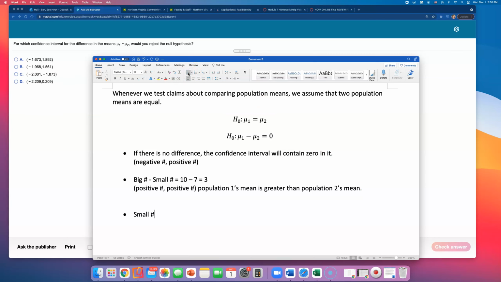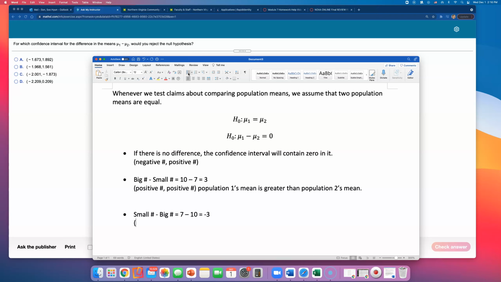Now, what if you do a small number minus a big number? For example, what if you do 7 minus 10? Well, you'll get a negative 3, right? So that's just an example. If you take a big number away from a small number, you get a negative number.